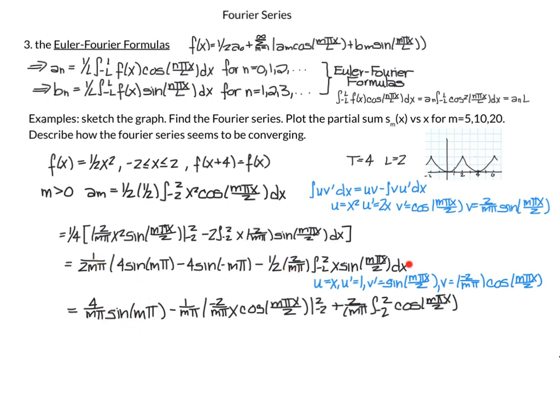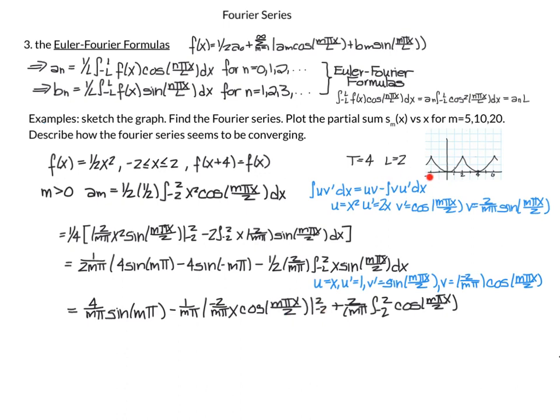And now I have this integral, which I need to do by parts. So first I simplified these 2's, and I have 1 over m pi. And then I have, by my formula, u times v. So I have x times v. So I have my 2 over m pi, my x, and then my cosine m pi x over 2, evaluated at -2 and 2.